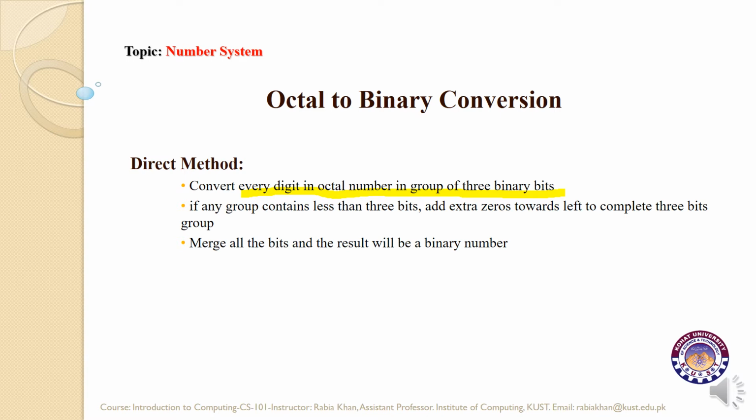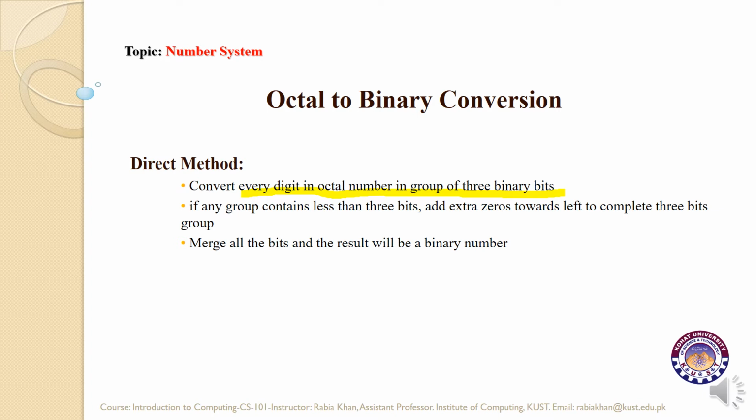If you remember, I mentioned the number system relationship chart in the first lecture, in which we saw that an octal number is equivalent to 3 binary digits, while a hexadecimal number is equivalent to 4 binary digits. So here the given octal number will be grouped in 3 binary digits.